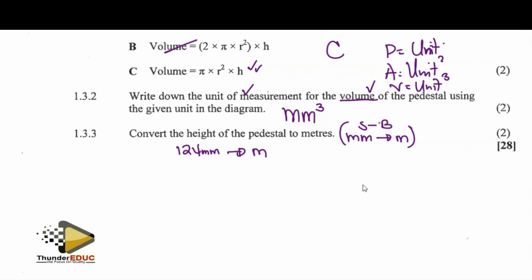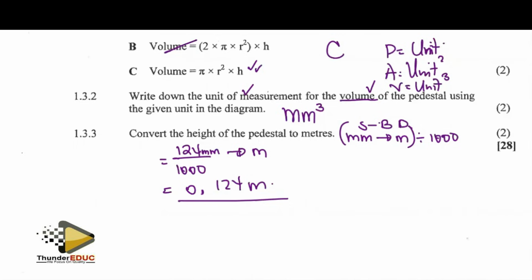We need to divide. So we divide by 1,000. We divide this by 1,000. And the answer becomes 0.124 meters. That's the answer there. We've changed the height of the pedestal to meters.